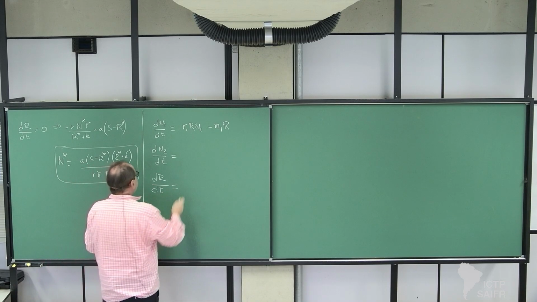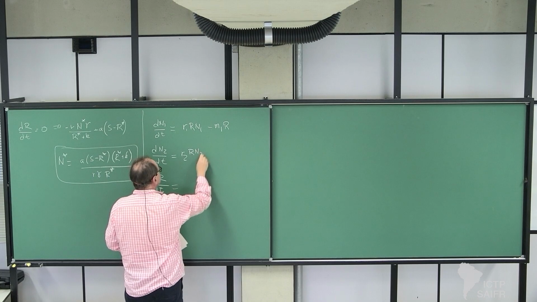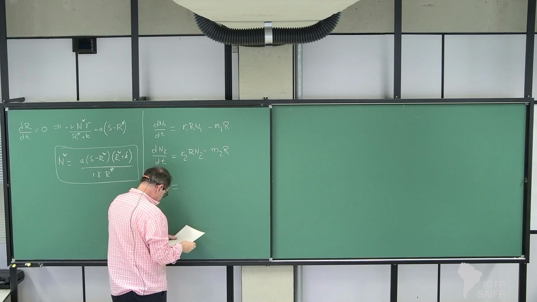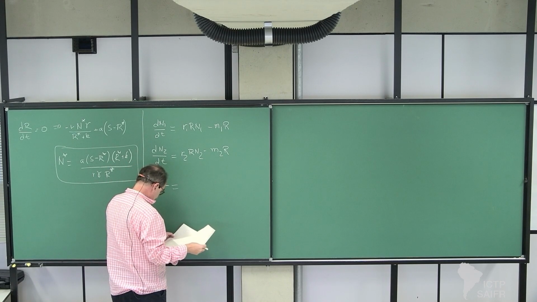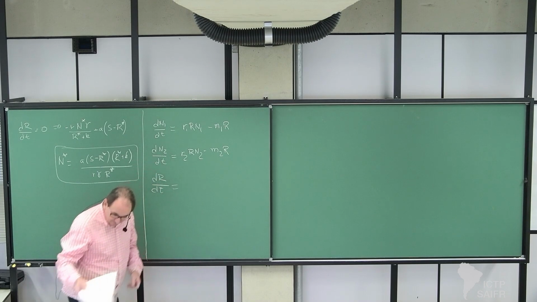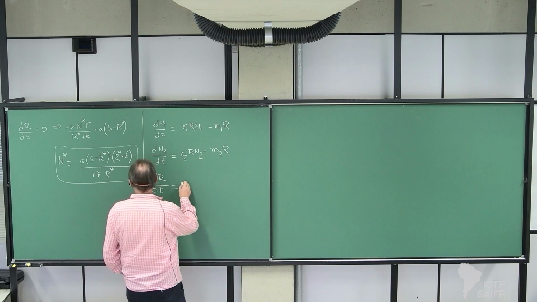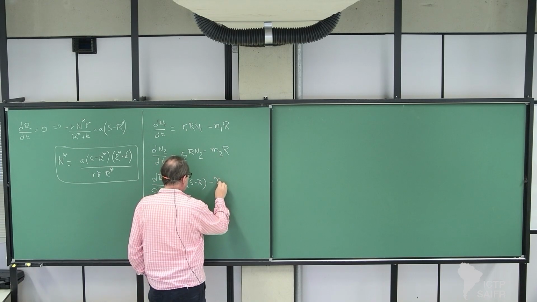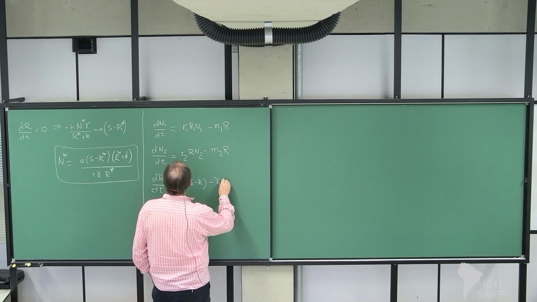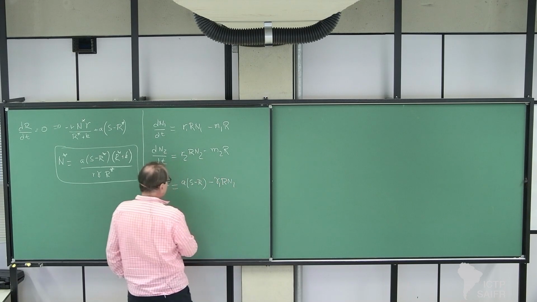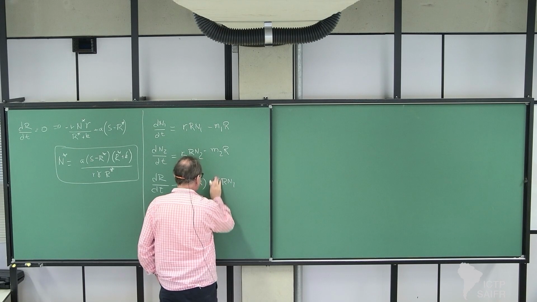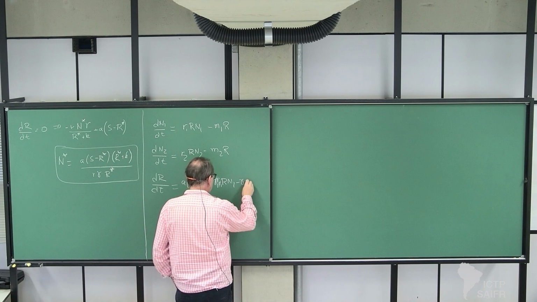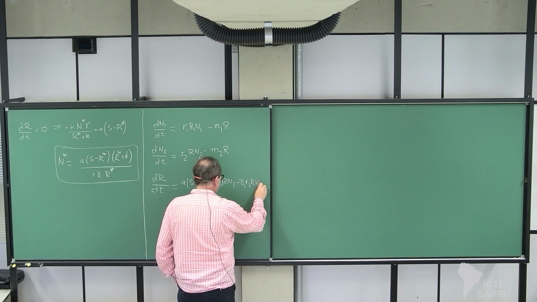Now, same thing here. I didn't write. So you have to have something here, which is R times S minus R, minus gamma 1 R1 R N1, where gamma is the conversion factor, minus gamma 2 R2 R N2.